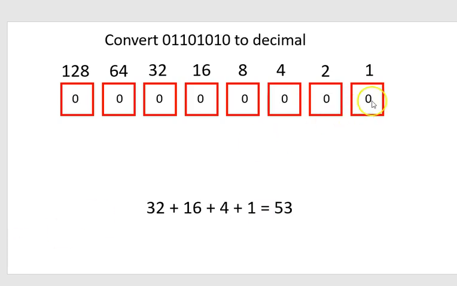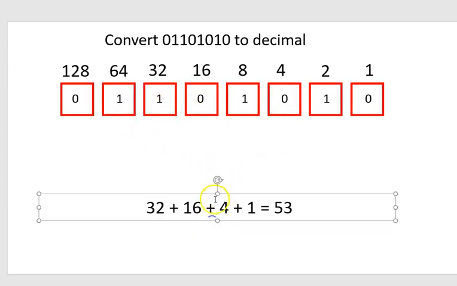Working backwards, converting binary to decimal is just as easy as doing a multiplication. So if I've got this number over here, I'd better put it in. I would have 1 there and 0 there, 1 there, 0, 1, 1 and 0.